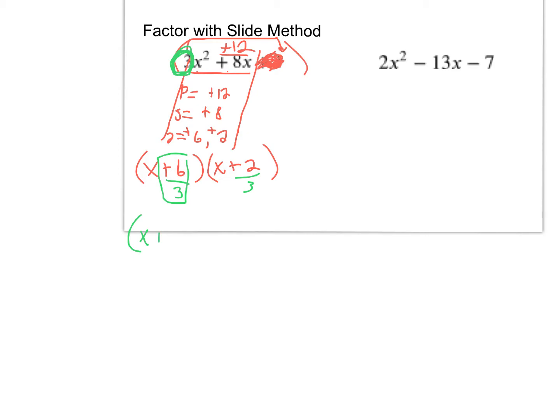So this is going to be just x plus 2. Now here, 2 over 3, I can't do anything with reducing wise, so what we're going to do is take the 3 and scooch that in front of the x. So you're going to have 3x plus 2. And there it is.